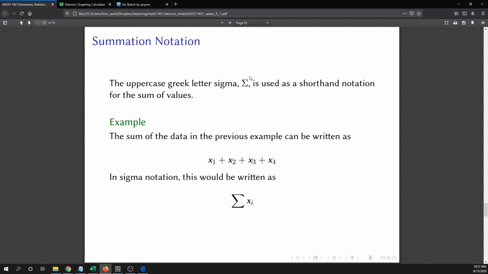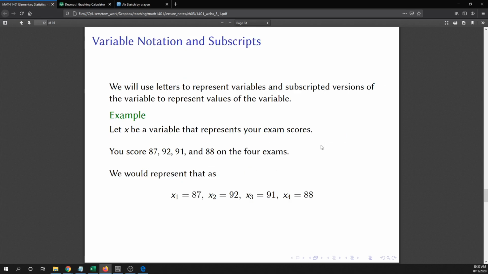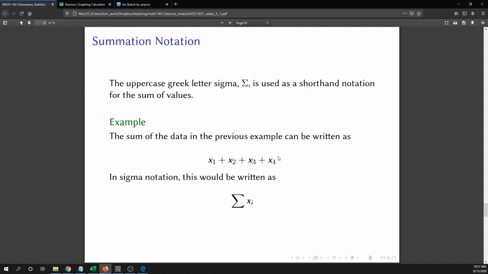We use the Greek letter sigma, the uppercase version, which is basically the Greek version of the letter S, S for sum, or adding up. If I have the sum of the data in the previous example, I had 4 observations, x1, x2, x3, and x4. You could write the formula that says add all those up like this: x1 plus x2 plus x3 plus x4. This is just a math way of saying add those numbers up.